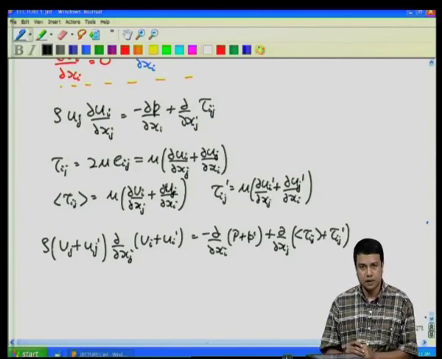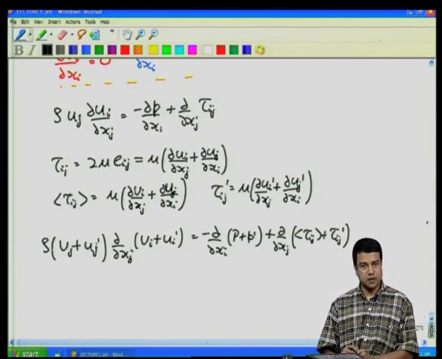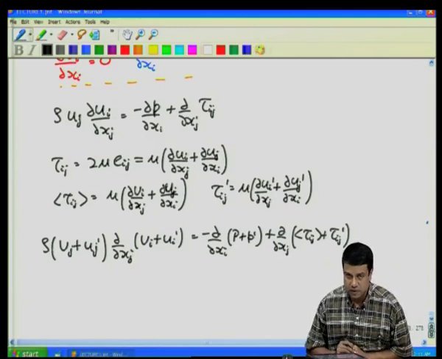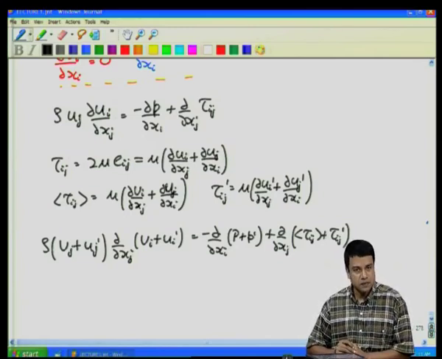Okay. So, that is the momentum conservation equation with the velocity expressed as the sum of a mean plus a fluctuating part. Similarly, for the pressure and for the shear stress. Okay. Let us simplify this a little bit.